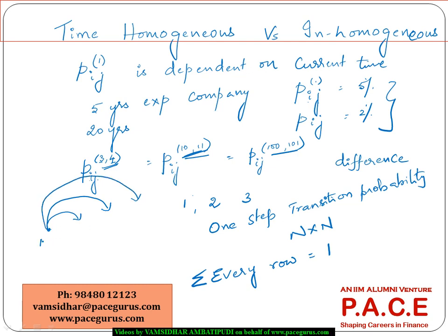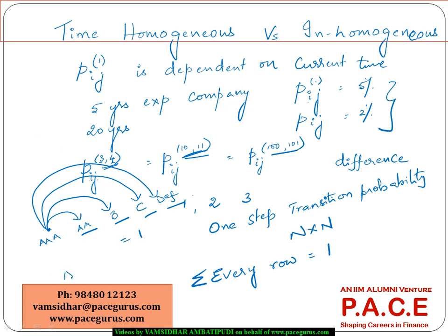Like a company which has a AAA rating: there is some chance that it will go to AA, some chance that it will go to B, some chance that it will go to C, and some chance that it will default within the next 1 year. Now, when I add up all these probabilities, it should be equal to 1.